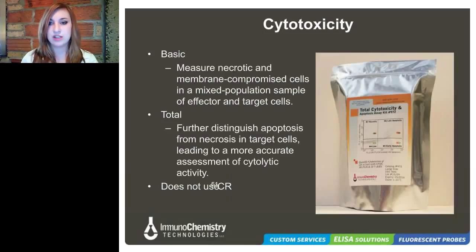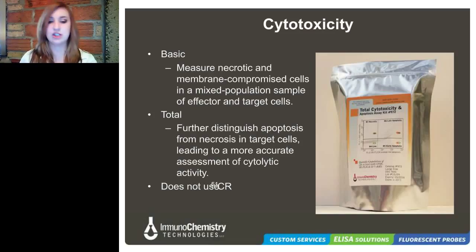So I'm going to shift gears again here to a different product line of ours, and I'll introduce our cytotoxicity assays. So at ICT, we have now developed 2 different assays to measure cytotoxicity. If you're looking to measure necrotic and membrane compromised cells, you can opt to use our basic cytotoxicity test.